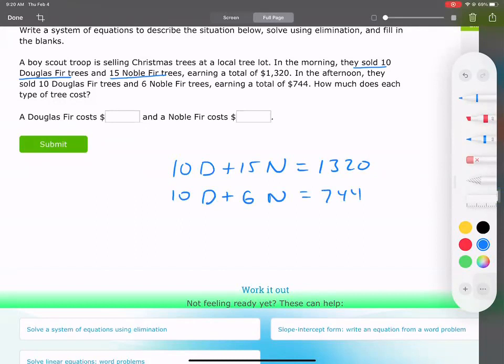Okay, as you can see, this is another system of equations. We're seeing, do any of these match up? Does the Douglas or the nobles look like we can use them to cancel out? So remember, when we're solving using elimination, we always combine downward. I can see that 10 and 10 should cancel out if only one of them was negative.